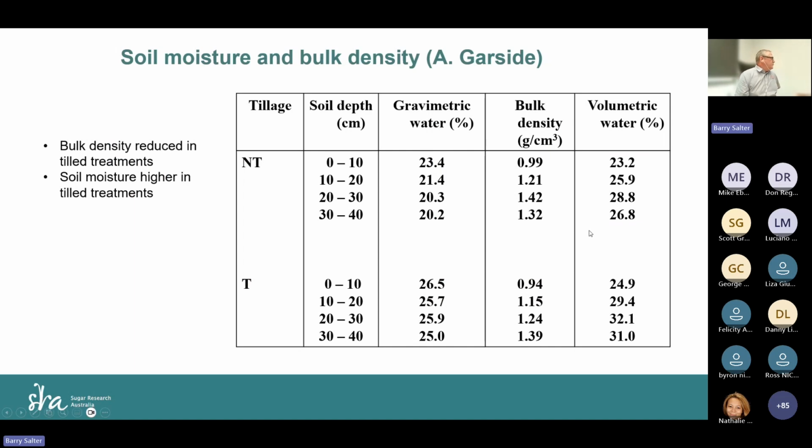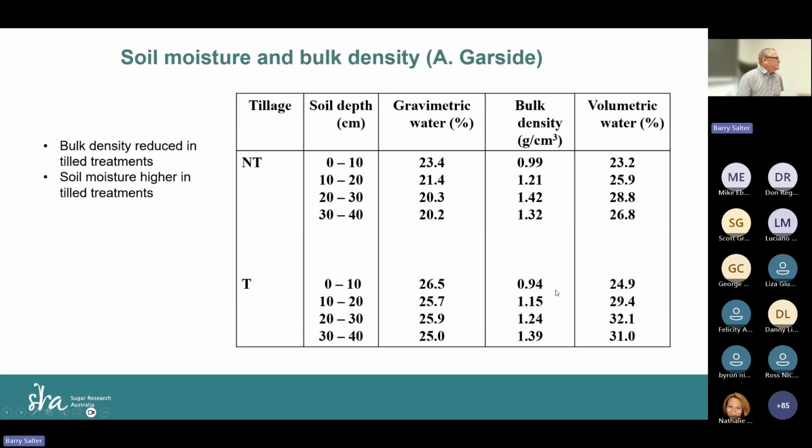What sort of problems does that cause, or what sort of things happen? You can see in this data the tilled section, so that T for tilled, you've got a bulk density that is now lower than in the no-till section. So the bulk density has improved. It's a lower number, and essentially because there's more pore spaces, it's less dense.